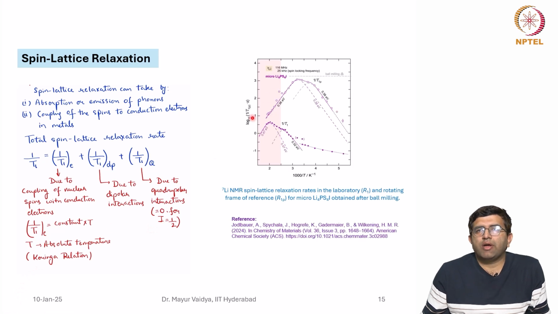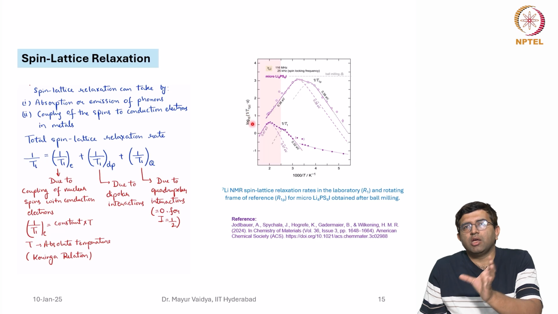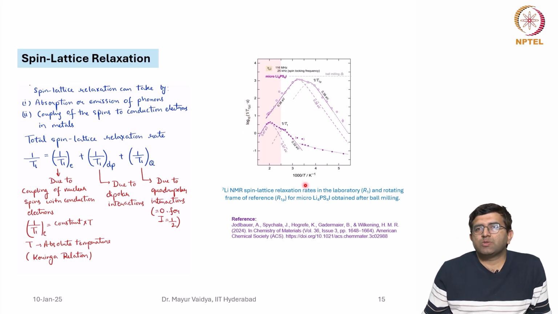So, this is one example of the spin lattice relaxation rates, 1 by T1 and 1 by T1 rho, where rho means it is in a rotating frame. So, T1 rho basically represents the relaxation time in a rotating frame. These are the spin lattice relaxation rates in the laboratory and the rotating frame of reference for a particular compound.